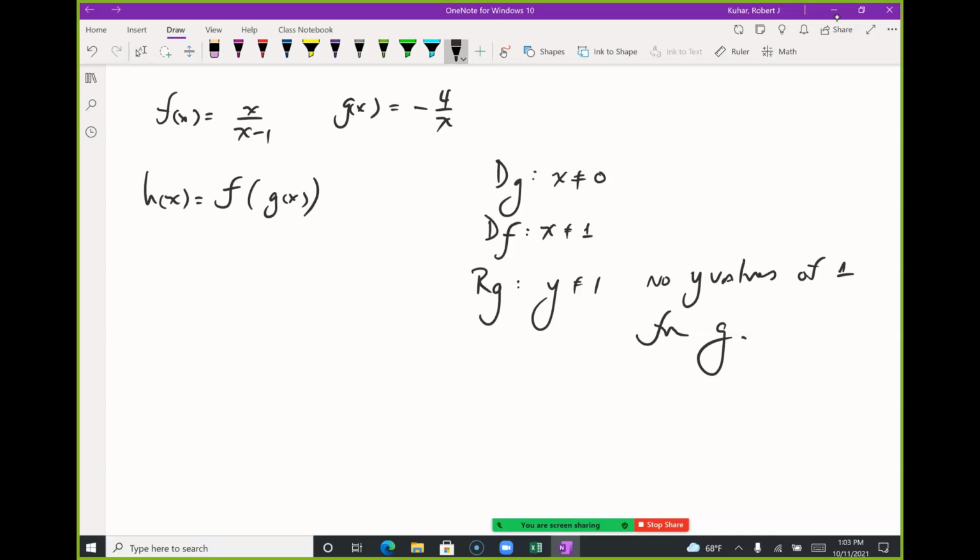So I want to make sure that negative 4 over x does not equal 1, which means x should not equal negative 4. So my domain of h is going to be x is not 0 and x is not negative 4. Those are my two issues.